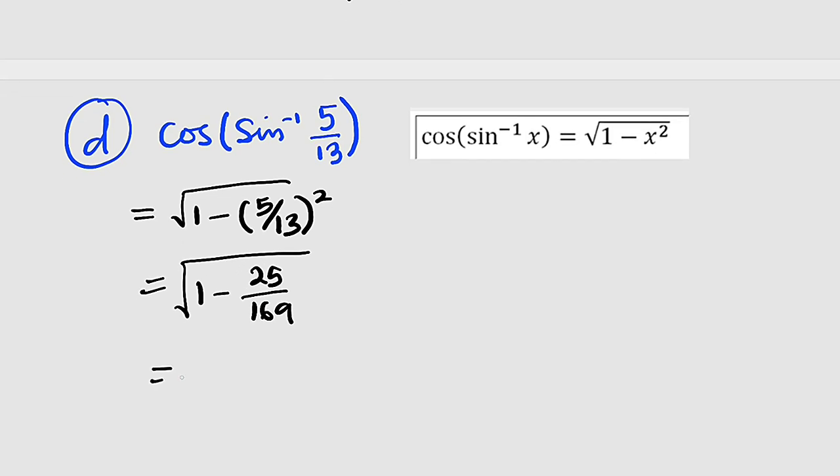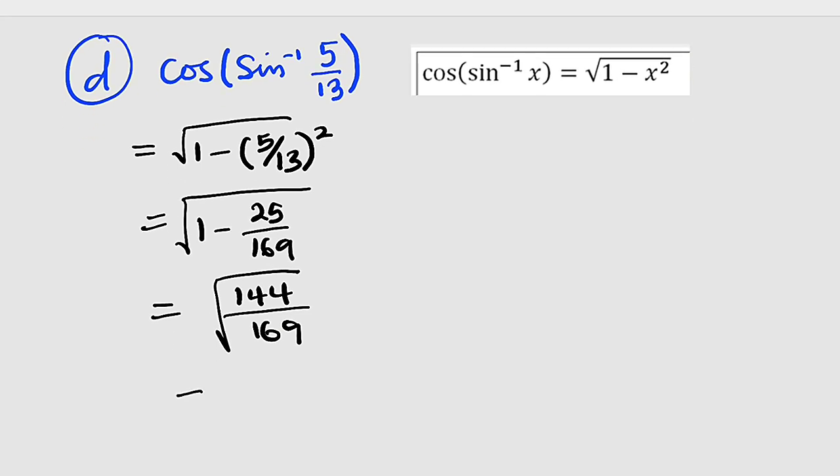If you subtract, you get 144 divided by 169 under the square root. Square root of 144 is 12, and square root of 169 is 13. This is our final answer, as simple as that. If you don't know how we derive these formulas, you can watch the previous lesson.